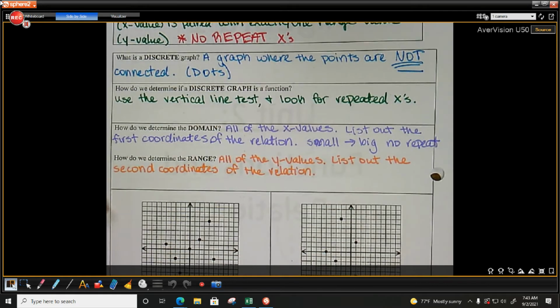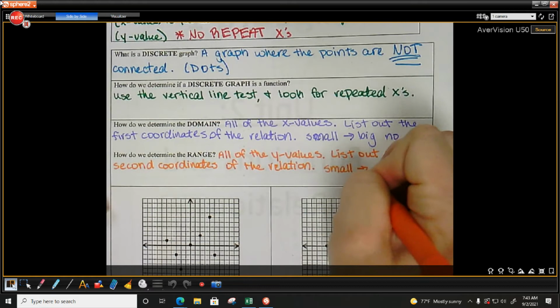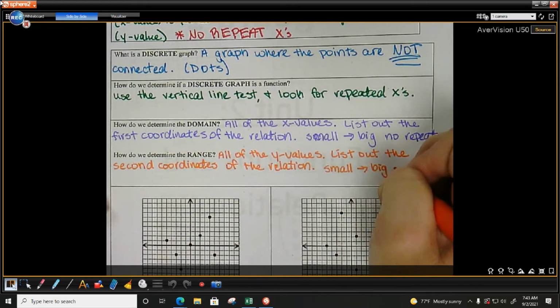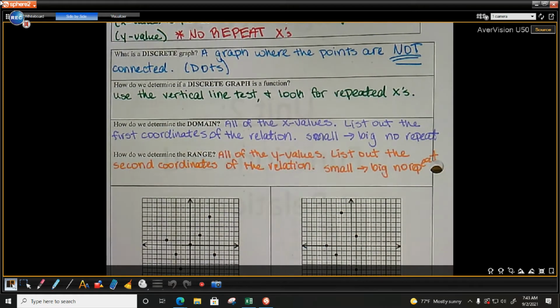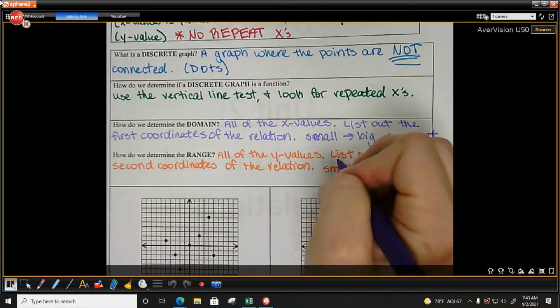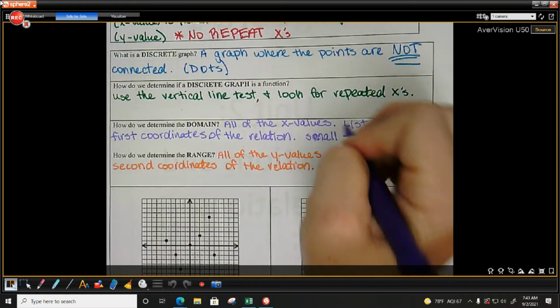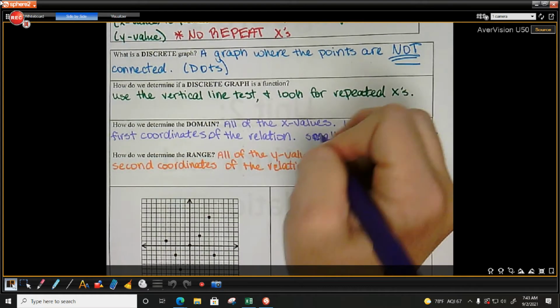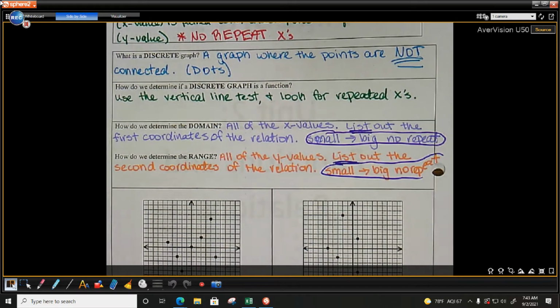And we follow the same rule. Small to big, no repeat. So we list them and we go small to big, no repeat. Those are the main things you need to remember. Domain is x, range is y.